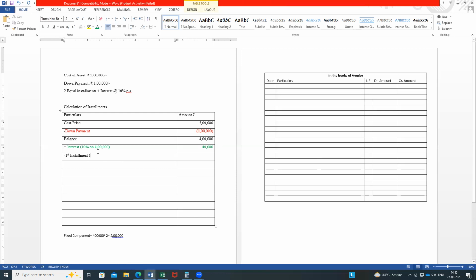It means 2 lakh rupees तो pay करने ही है buyer को, plus buyer हमें, that is vendor को, interest भी देगा, which is 40,000. How do I get 40,000? It is here. Okay, so in total it would be 2,40,000. So this is the amount क्योंकि ये installment है जो pay होता है, so it has to be deducted.